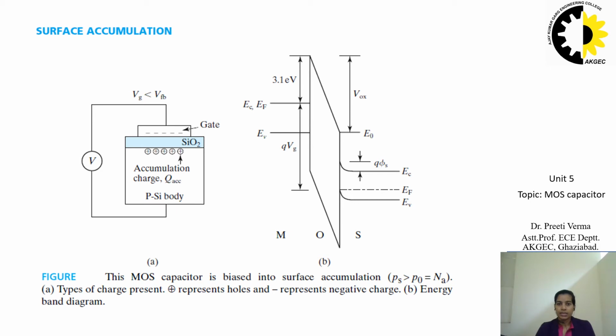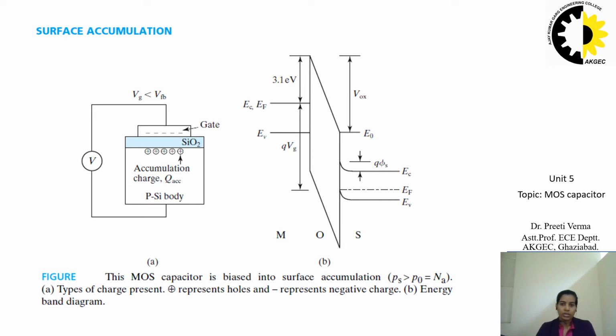Phi S is negative if Ec bends upward towards the surface, as shown in the figure, and positive if Ec bends downwards. If this discussion of the sign of phi S sounds strange, then we can correlate it with the previous discussion of the band bending diagrams.